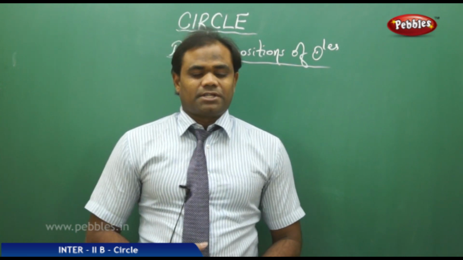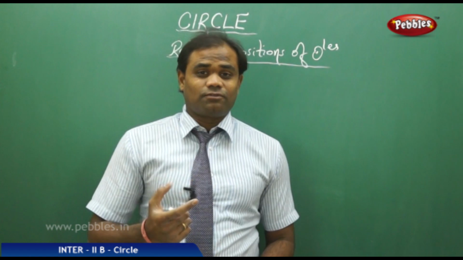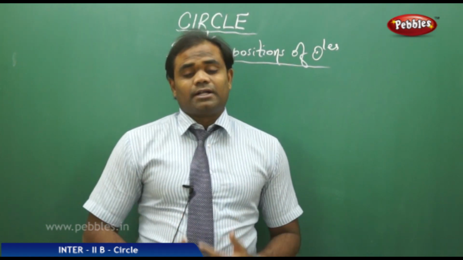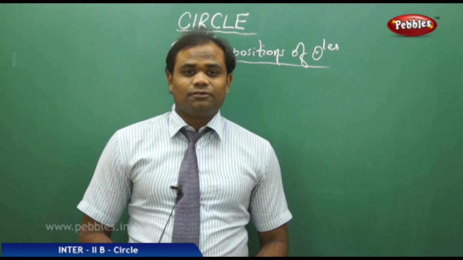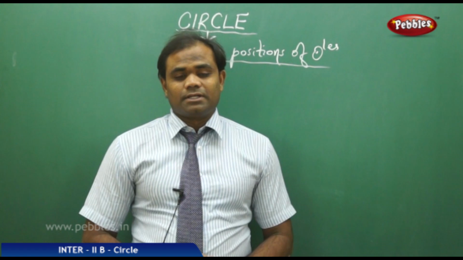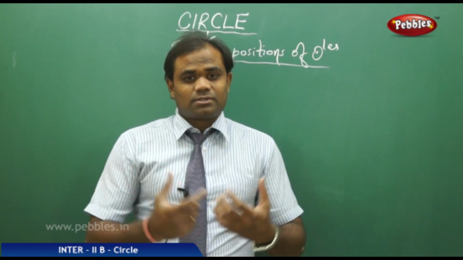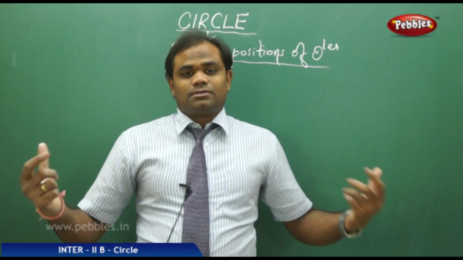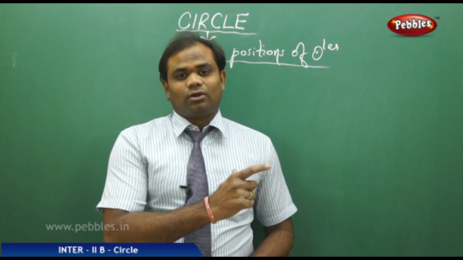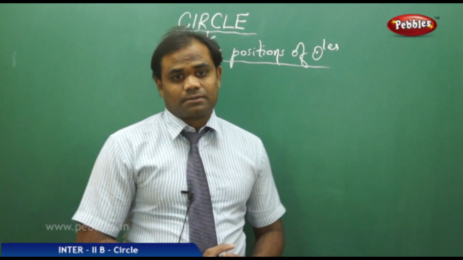Now that we have discussed about circles and the position of points and position of lines with respect to the circle, now let's come to the understanding of what happens if two circles have their relative positions changed. That is, if the two circles touch, or if the two circles intersect, or if the two circles are disjoint. So let's come with three cases and see identically on what are the different properties studied under these three cases.